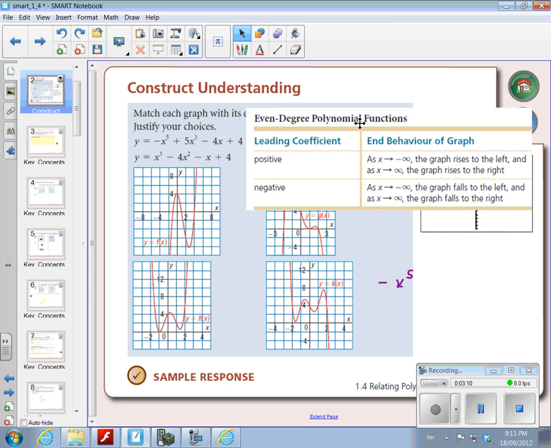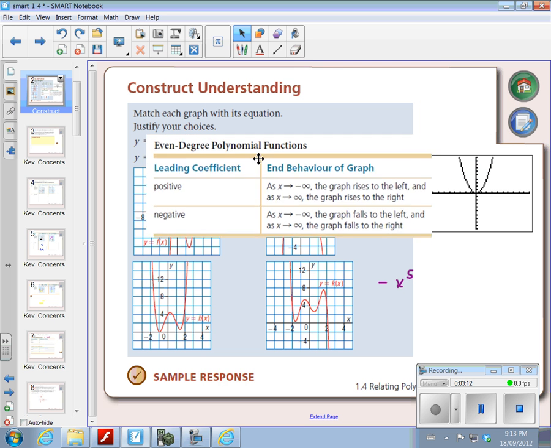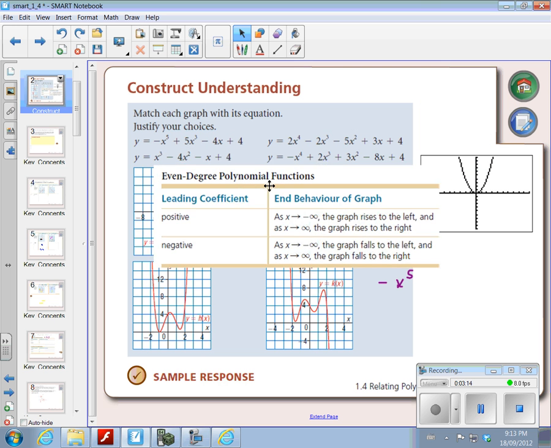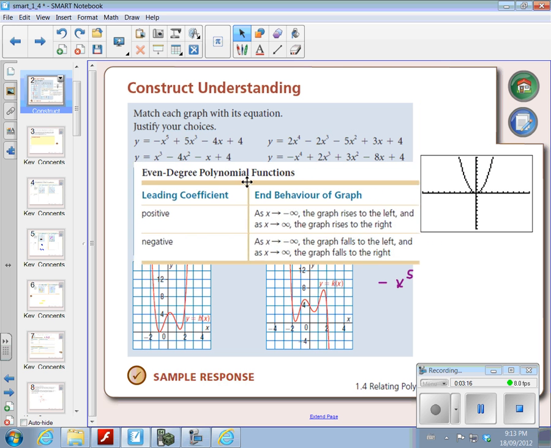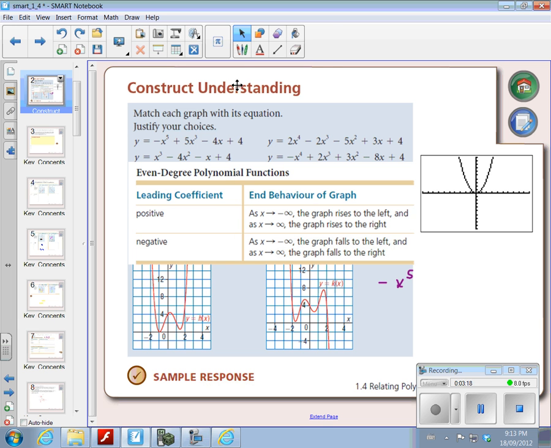So let's look at the power of 4 over here. This was y equals 2x to the 4 down here. This was 2x to the 4, and minus 2x cubed, etc. But let's pay attention to that lead coefficient. The lead coefficient is positive.